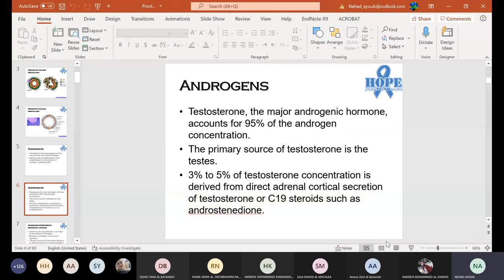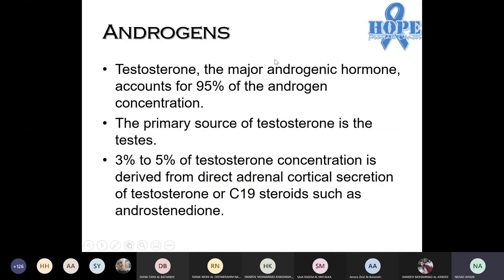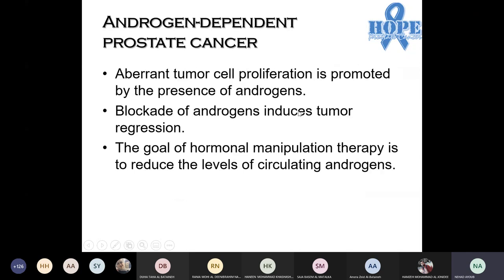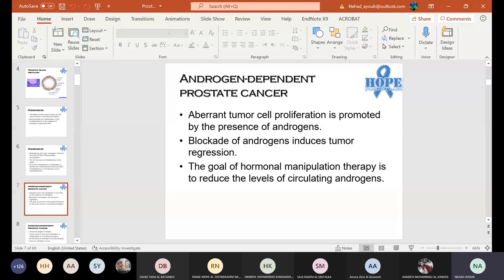So we know that most androgens come from the gonads or the testicular tissue. What could be one option for treating patients here? If most circulating hormone comes from testicular tissue, what can we do?